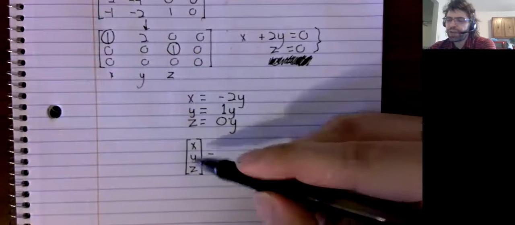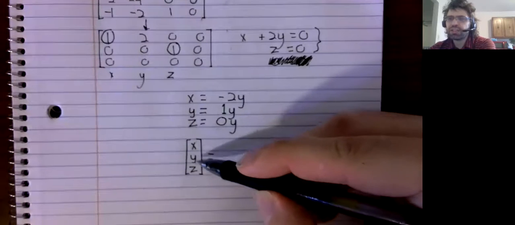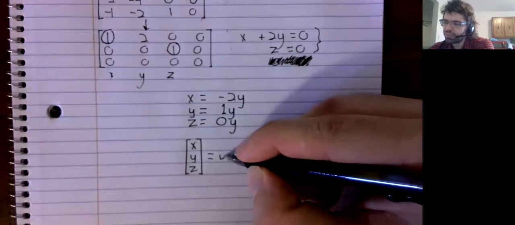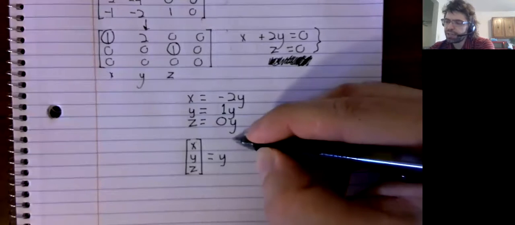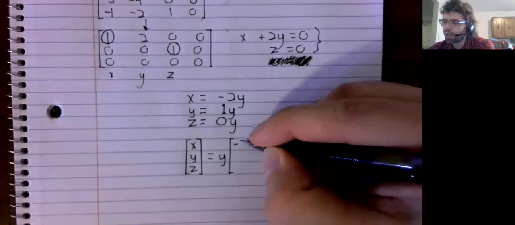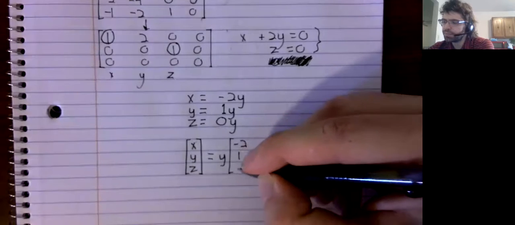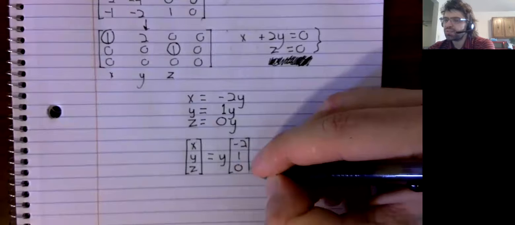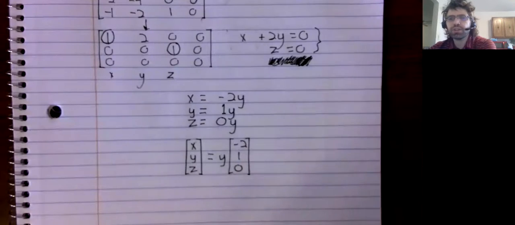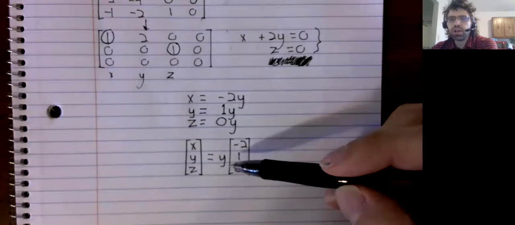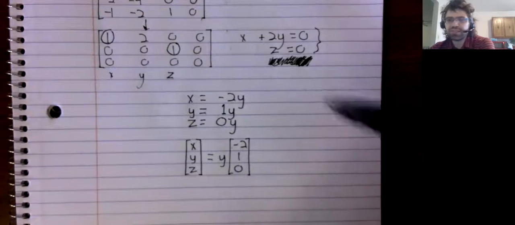And what we found is that this vector of solutions can be written as the free variable y times this vector of coefficients. So here's our solution set.